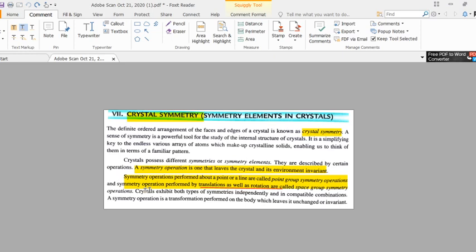So if a translation is combined with rotation, inversion or reflection kinds of operations, then such a group is known as the space group, or the space group symmetry.